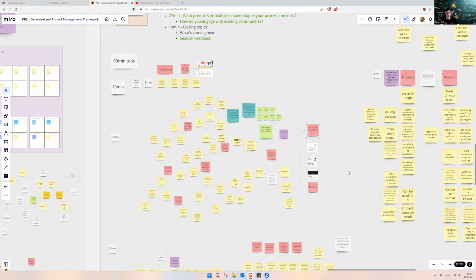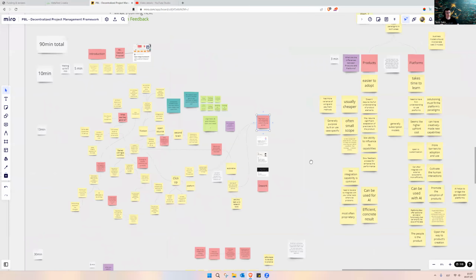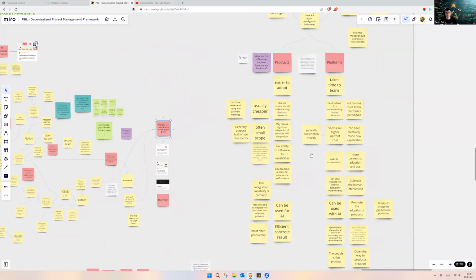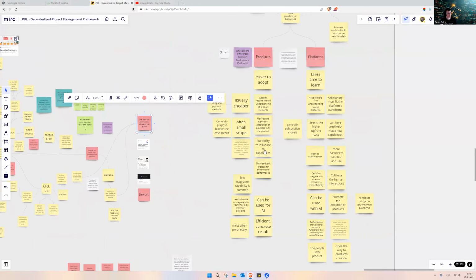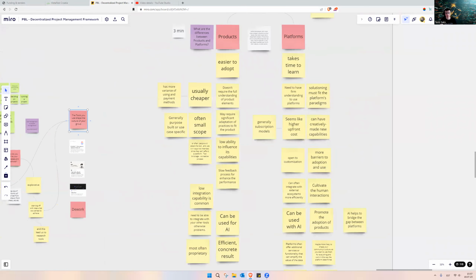And from there, we went into the question of what are the differences between products and platforms. The key insight is that, in general, we found that products are something you use out of the box, which may only do one or two tasks, while platforms offer a more comprehensive and adaptable solution, but need to be configured to your needs.